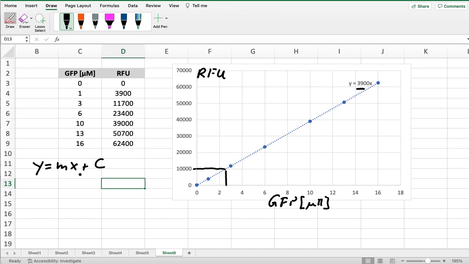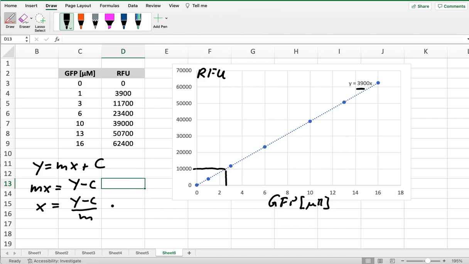So we bring the c to the other side, and we have mx equals y minus c. So x equals y minus c divided by m. Luckily, we don't have an intercept here.